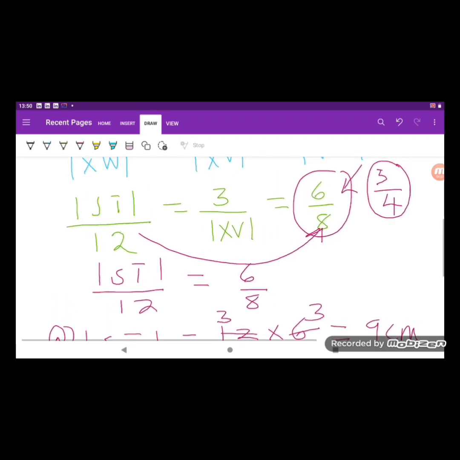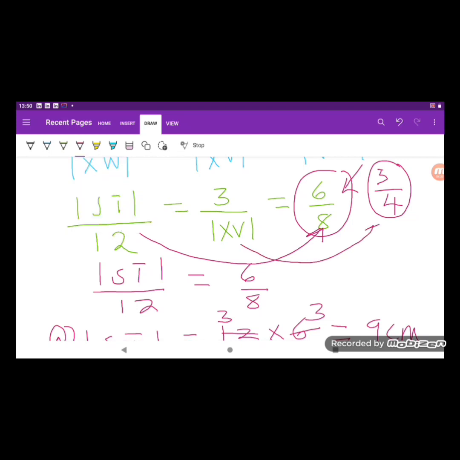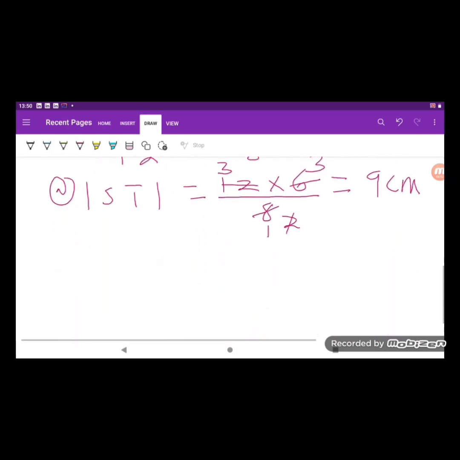Now, in the same vein, we can calculate XV by putting it together with this that is known as well. So how can we do that? For question B, we have 3 over line XV equals 6/8.